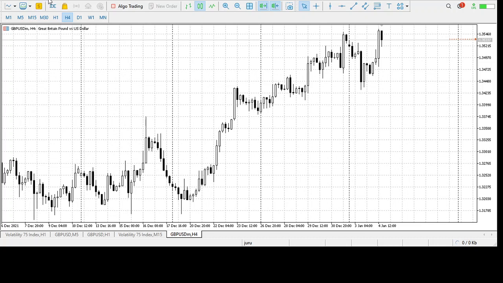You go on to Insert, Indicators, then under Trend you search for Moving Average, then the period should be 50, method exponential, applied to close. So here you have it. We now have a moving average on our chart.